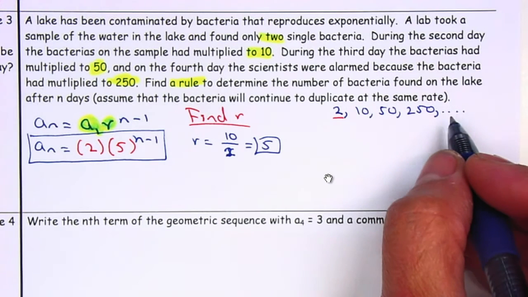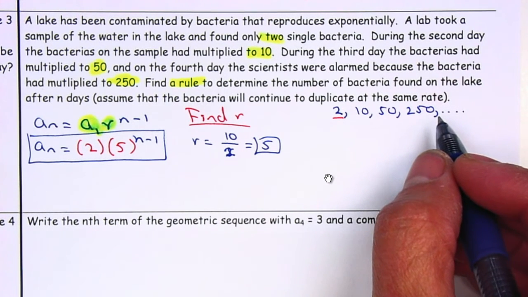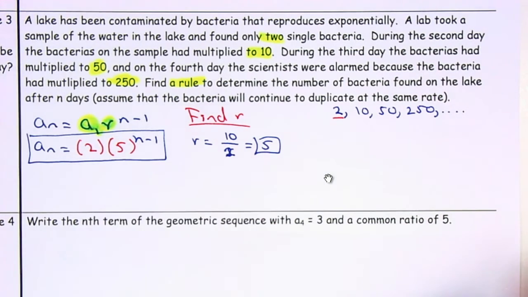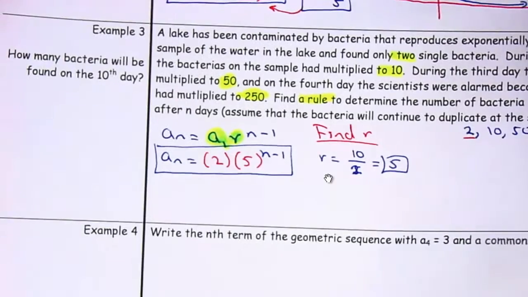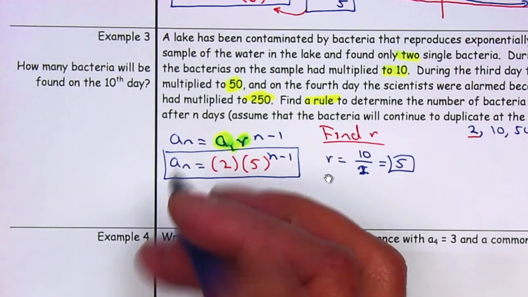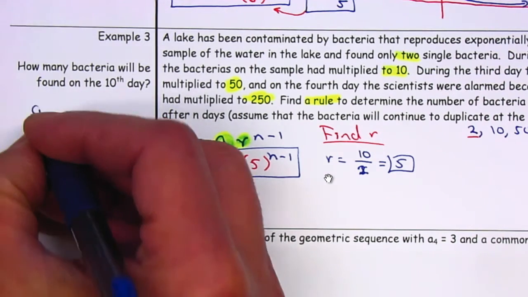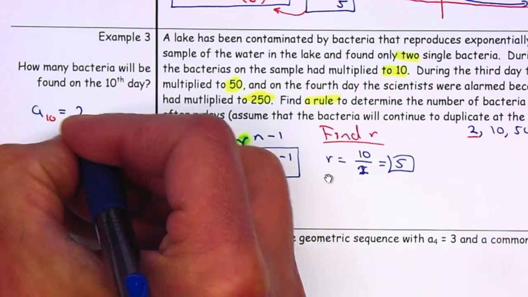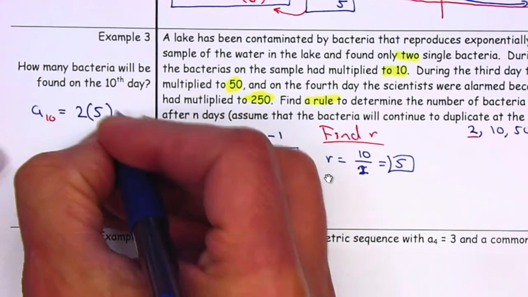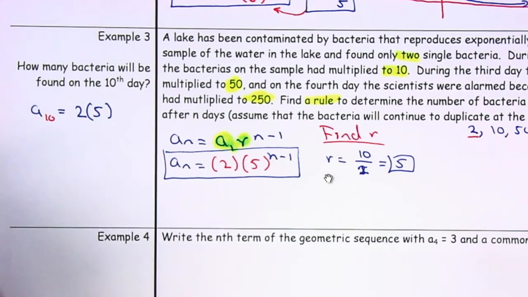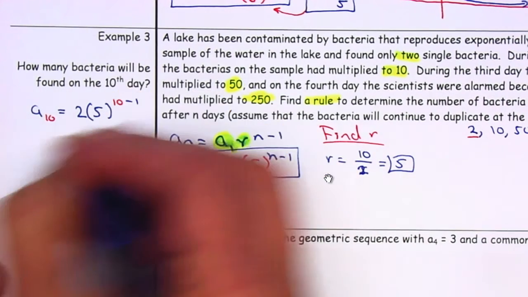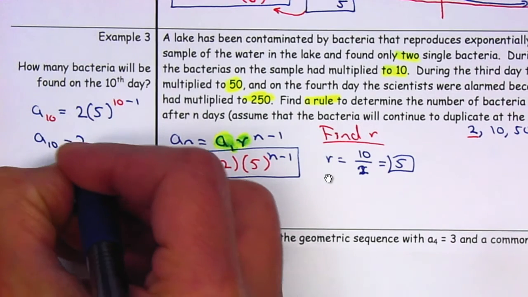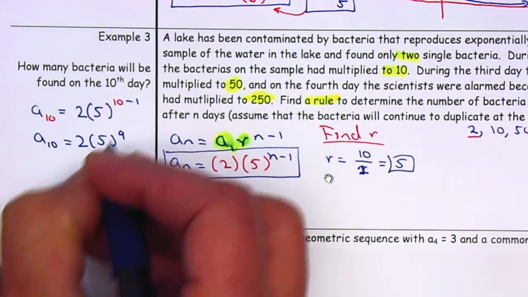So if you want to be able to find out how many bacteria you'll have on the 10th day, you can just plug in a 10. Just look on the left hand side. It says how many bacteria will be found on the 10th day. Now that we have our equation, instead of the n, I can just plug in a 10. So a sub 10 is equal to 2 times 5 to the 9th power.